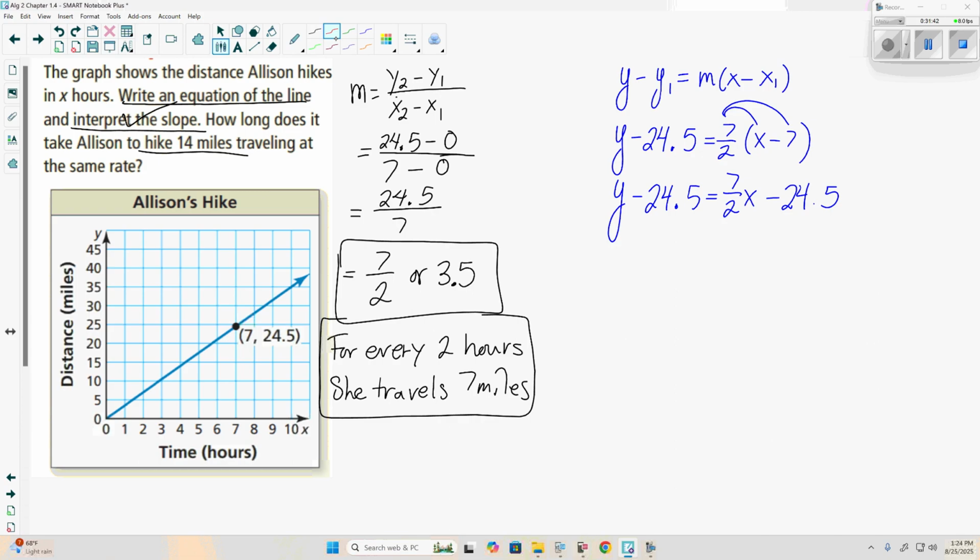Last thing we need to do to get y by itself is to add 24.5 to both sides. y is equal to 7/2 x or 3.5x.